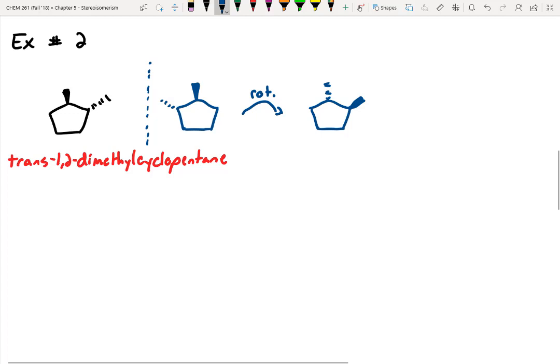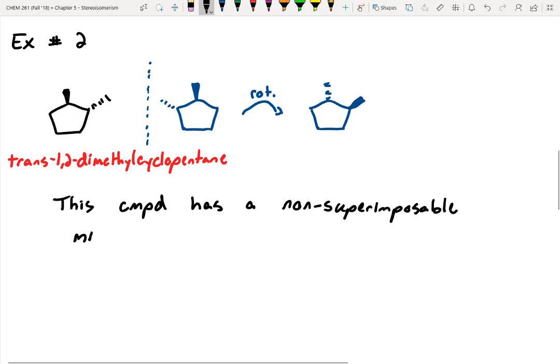Can we overlay this atom for atom? No, not at all. So this compound has a non-superimposable mirror image. Therefore, it must be chiral.